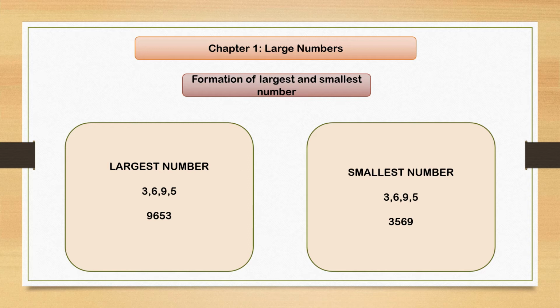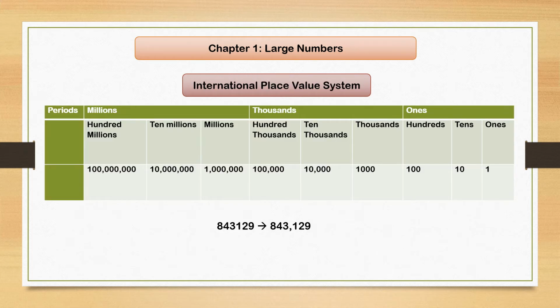Next we have formation of largest and smallest number. The greatest number or the largest number is formed by arranging the given digits in descending order, and the smallest number is formed by arranging the given digits in ascending order. Next we have the International Place Value System.